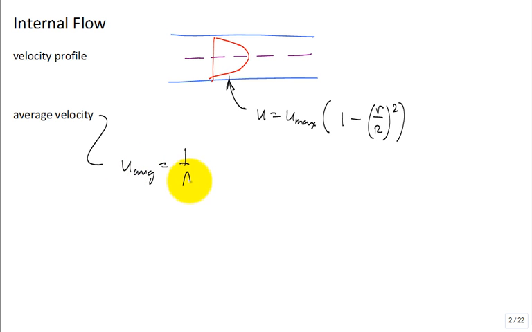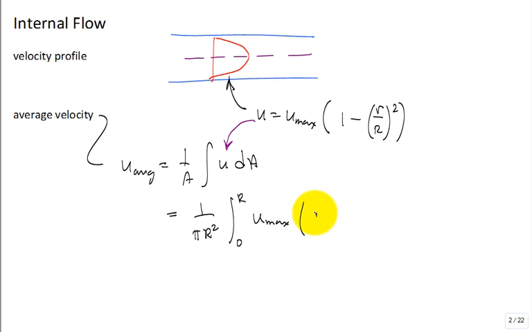It's 1 over the area, the integral of U dA. And so you stick in that area, the velocity profile. We've done this before. 1 over pi R squared, integral from 0 to cap R of U max, 1 minus r over cap R squared, times 2 pi r dr. Cancel the pi's.